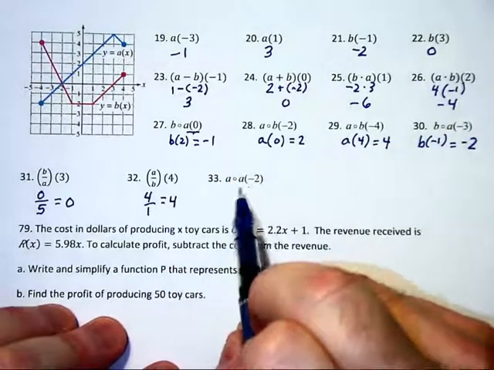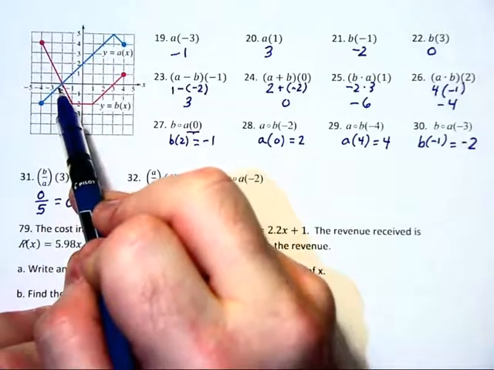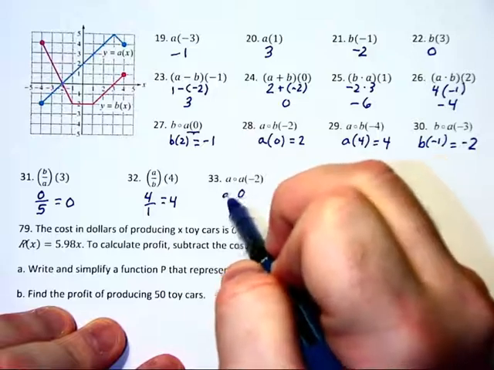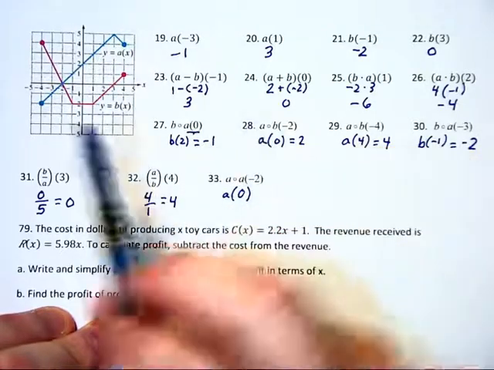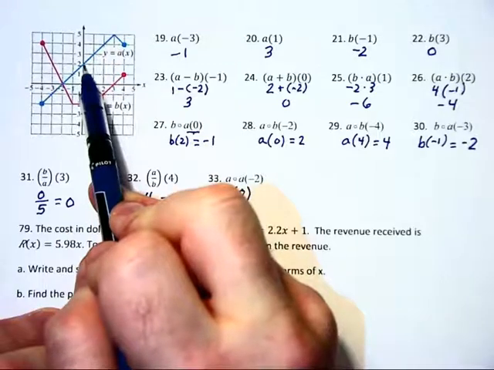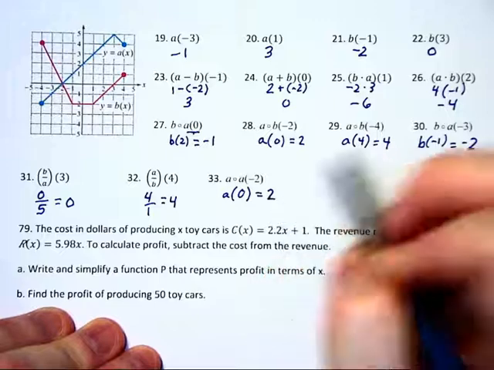And then another composite function, negative 2 going into A. Negative 2 goes into A, the blue graph is at a height of 0, which is now the input into the other A. A of 0 here, go to a height of 2, and so final answer there is 2.